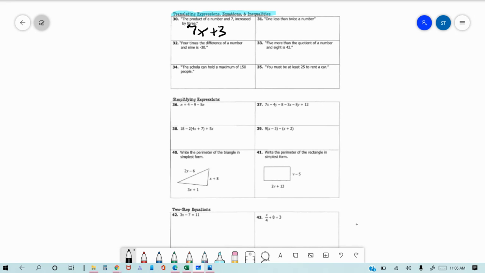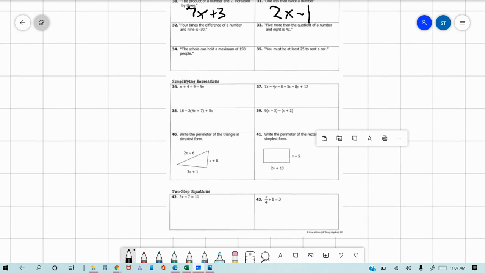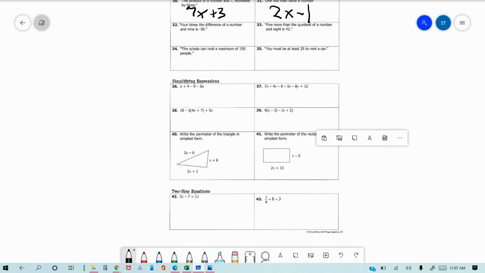So this says 1 less than, so we know we're going to have 1 less, so we put that at the back, twice a number, so 2x, okay? Twice the number minus 1. Do you see how I did that? Okay. So 4 times the difference of a number and 9.